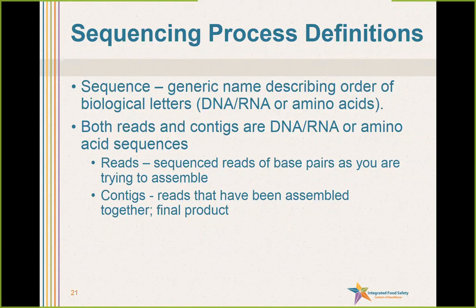You will hear the terms reads and contigs many times through this presentation. They are both sequences. Reads are sequenced reads of base pairs as you try to assemble. Contigs are reads that have been assembled together into a final product. Contigs is a term you're going to see a lot later on, and this is simply the long version of it: contiguous sequence of DNA.